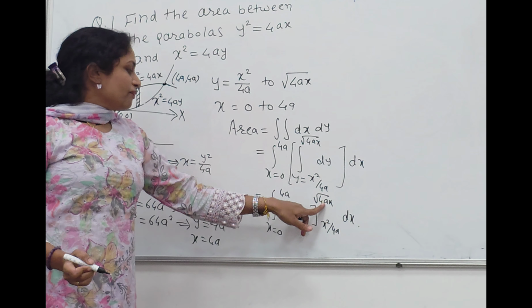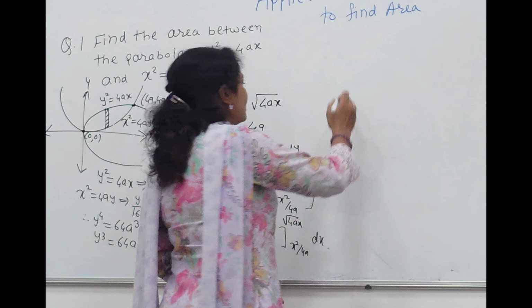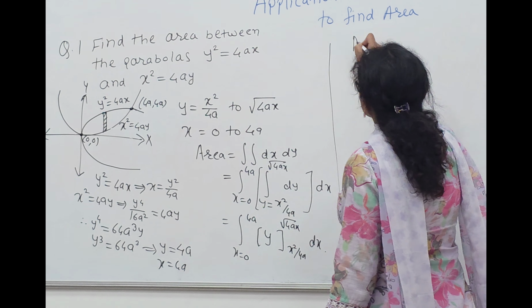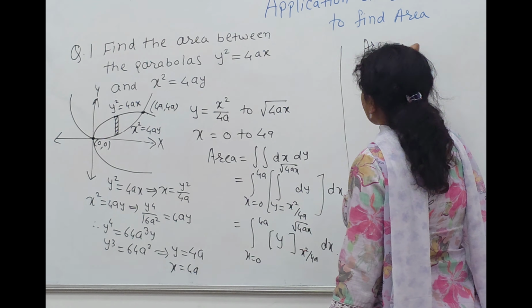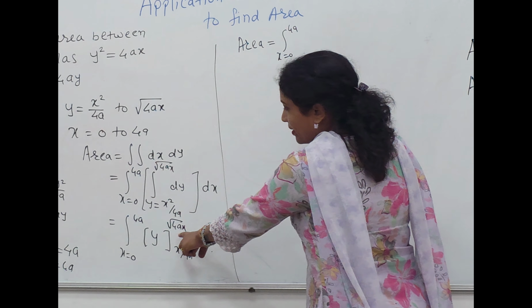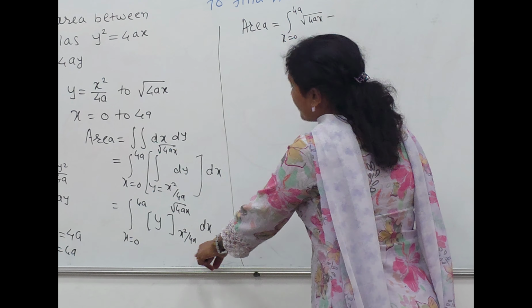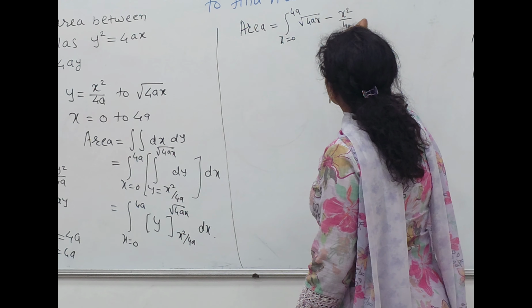Then substitute the upper limit here and the lower limit here. So you are going to get area equal to the integral of x from 0 to 4a, upper limit root 4ax minus lower limit x²/4a, dx.